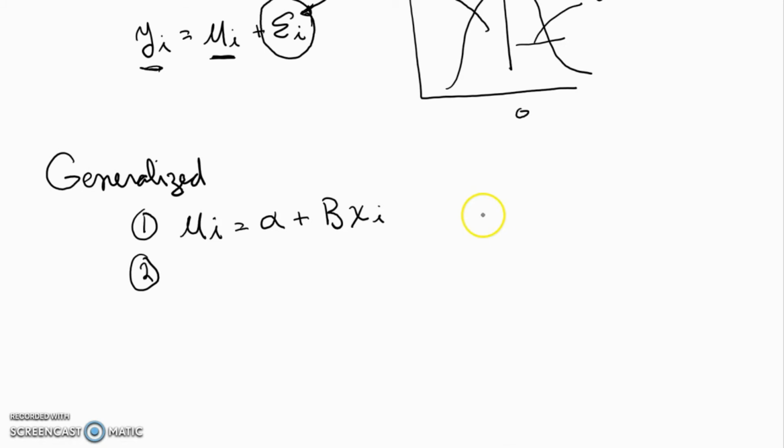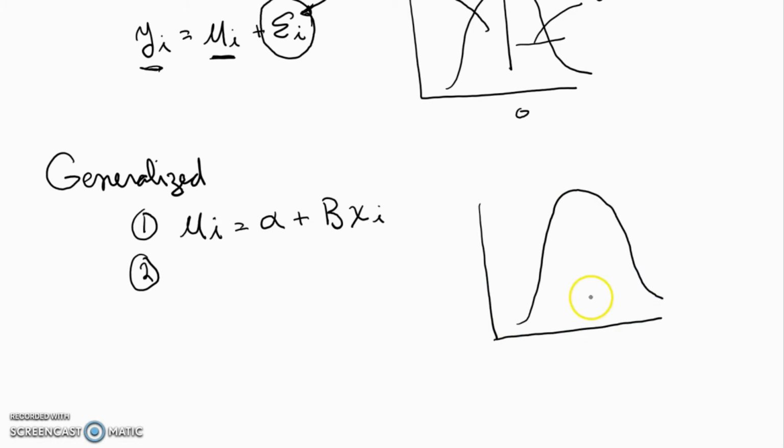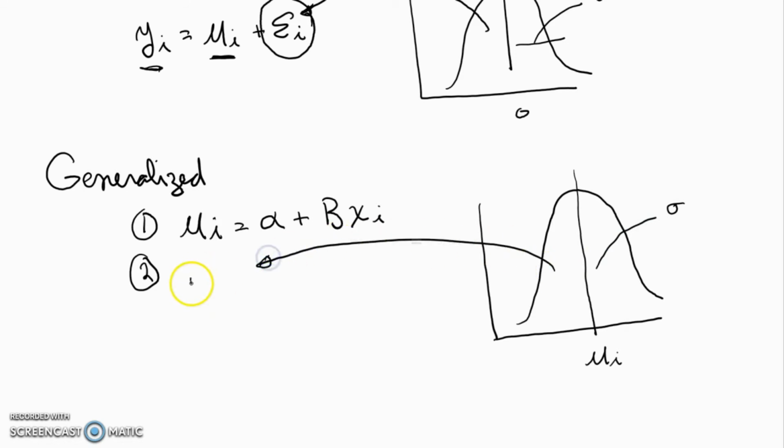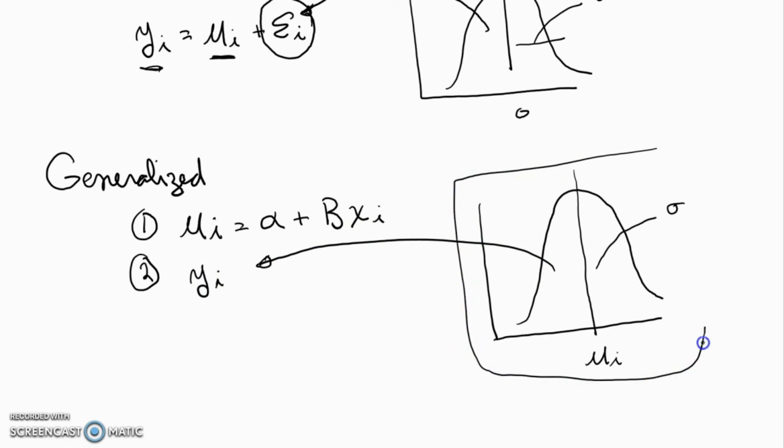What we're going to assume is we're going to have a normal distribution. It's going to have as its mean a value of mu i. We're going to have to specify a standard deviation, and then y i will occur as a random draw from this distribution with a mean of mu i.